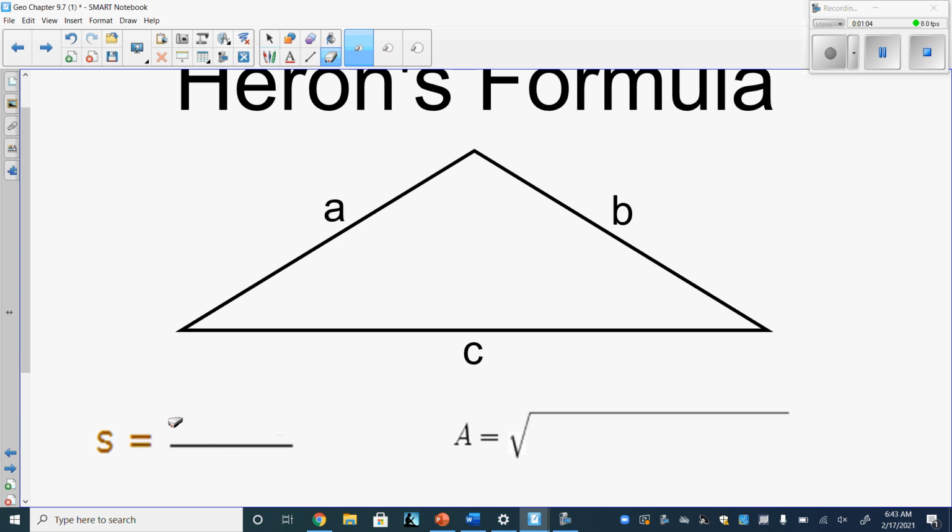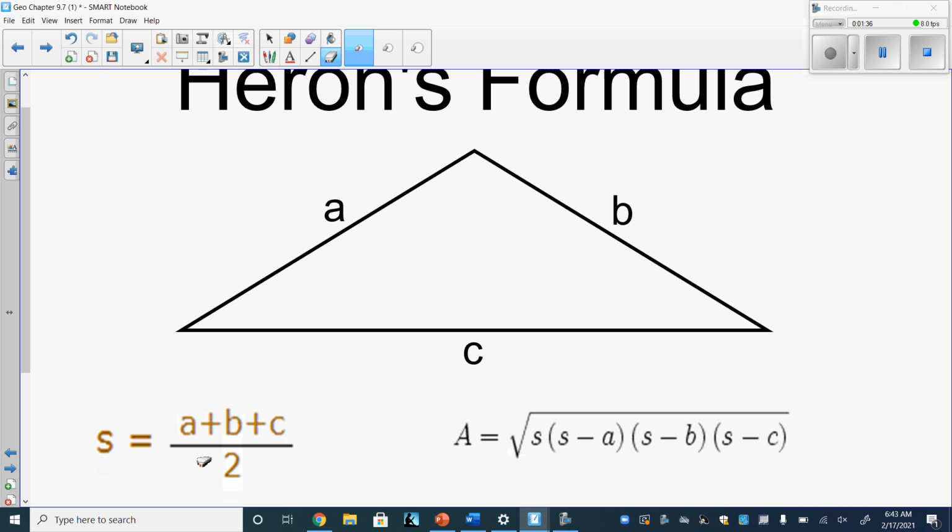Heron's formula works if we're given all three side lengths, and we need two main parts. The first is this S value, and we get that from adding all three sides together and dividing by 2. And then we plug it into this formula here: square root of S times S minus A times S minus B times S minus C. Once we do all of that, we would get the area of the triangle.